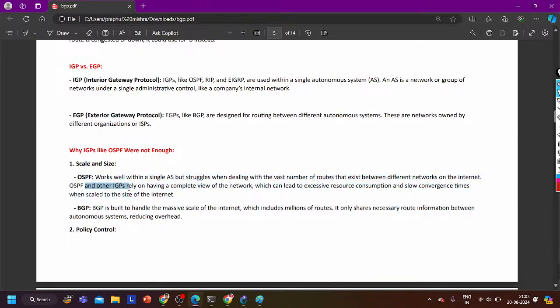OSPF and other IGPs rely on having a complete view of the network, which can lead to excessive resource consumption and slow convergence time when scaled to the size of the internet. The internet is growing, right?